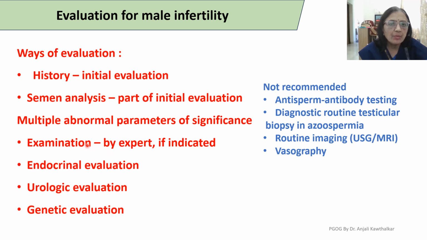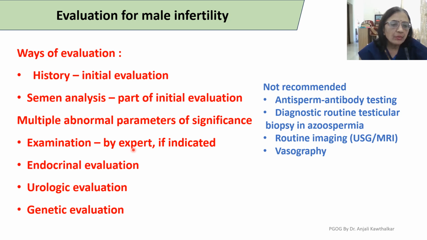That means examination of the male partner is not a component of initial evaluation. Initial evaluation in male infertility includes history and semen analysis, and examination is usually by an expert, as I said at the start.